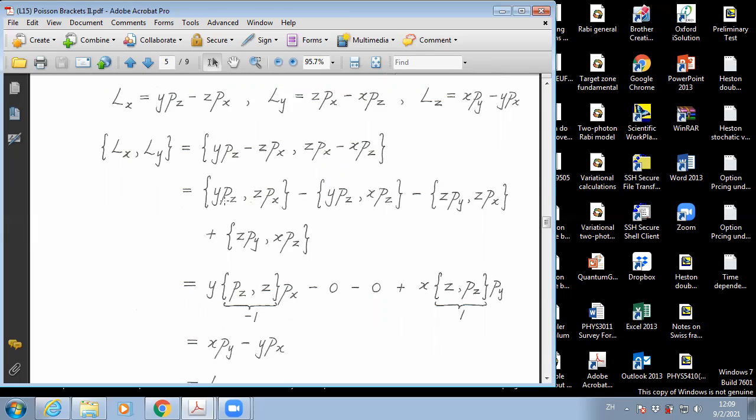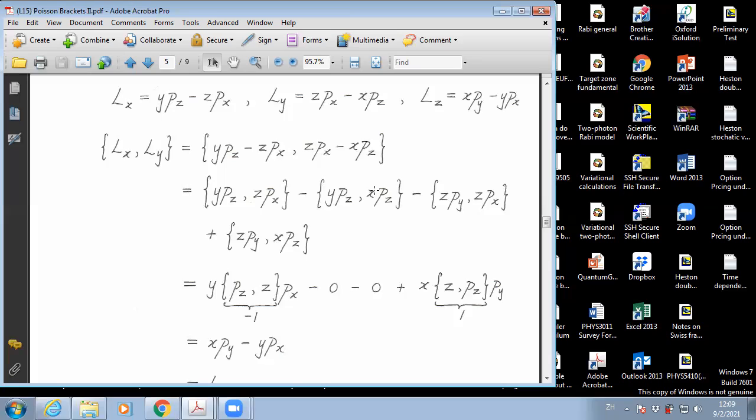For each Poisson bracket, it will involve 4 terms. However, the Poisson bracket between y and z equals 0. The Poisson bracket between z and px equals 0. The Poisson bracket between y and px also equals 0. So only one is left, and that is equal to this.